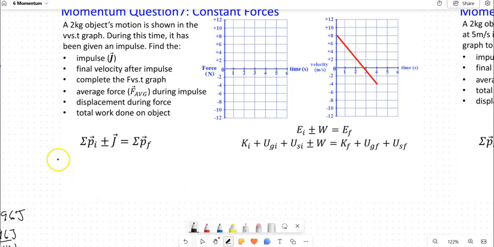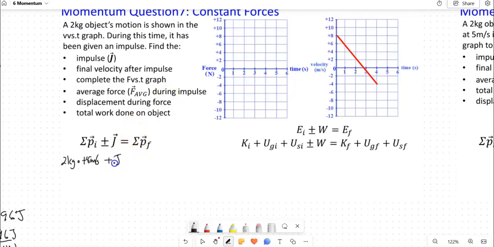So if we have an initial velocity and we have the mass, we could actually just start building the momentum part. So the mass times the initial velocity, which is positive 8 meters per second, plus impulse, and I do think they want the average force, so we could assume this is a constant force in this problem.